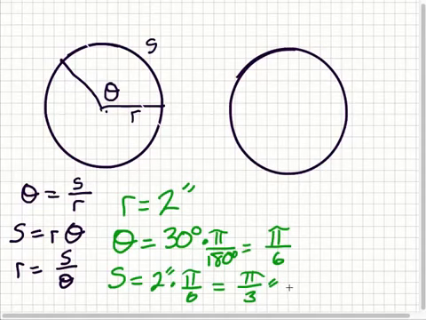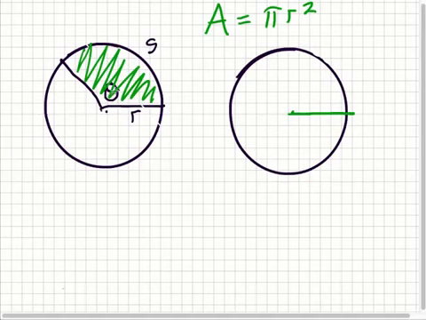Remember from grade school that the area of a circle is pi r squared. That's for the area of a whole entire circle. Now if we wanted to know the area of a sector, for example this area, what we need to do is figure out what fraction of this circle there is. That's easily done. We take the theta, the angle, that's what we've got.